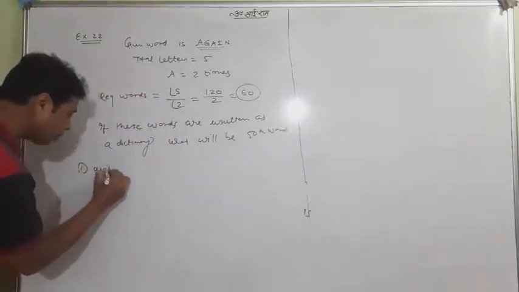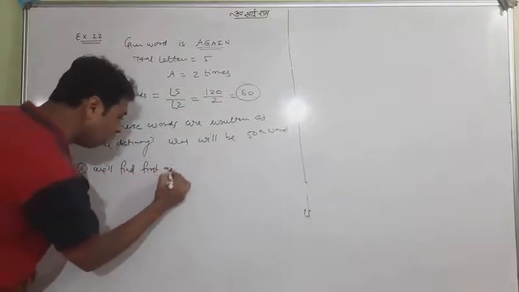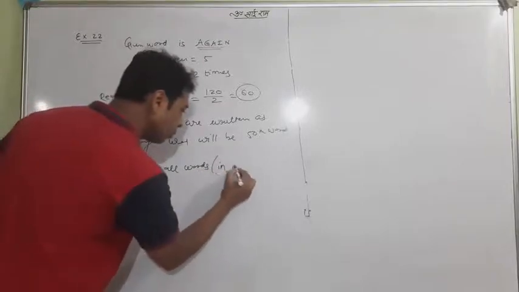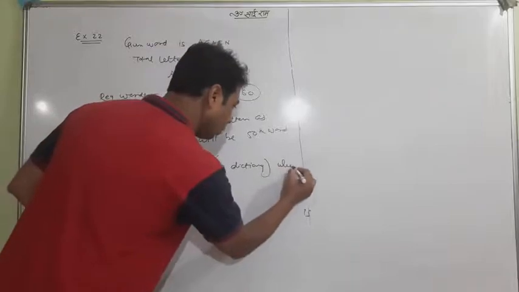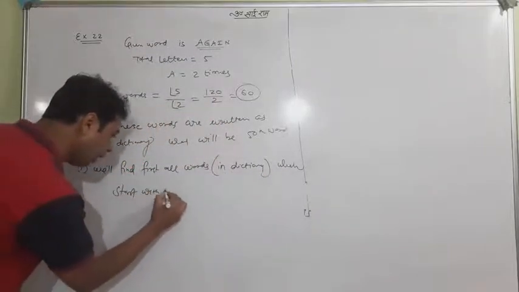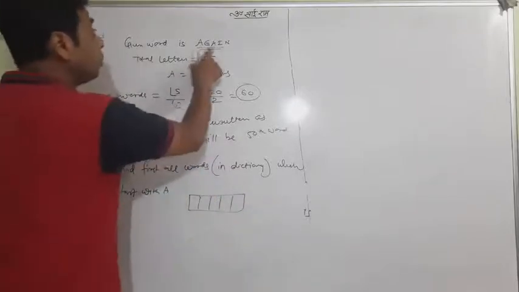We'll find first all the words in the dictionary which start with A. Can you see? 5 letters.